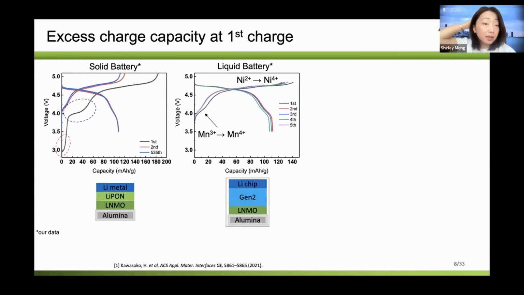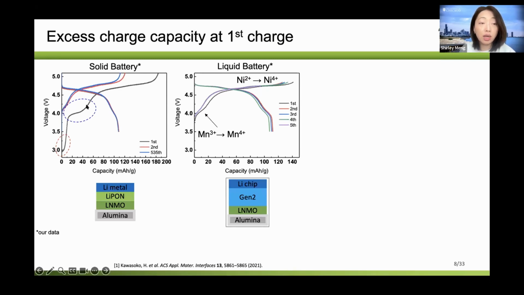If I look at the LiPON performance versus LNMO in the same setup, but with the Gen 2 electrolyte, one of the first things we notice is that in the first cycle, there's always a small plateau around 3 volts. I think the 4-volt plateau is related to the presence of manganese 3+.